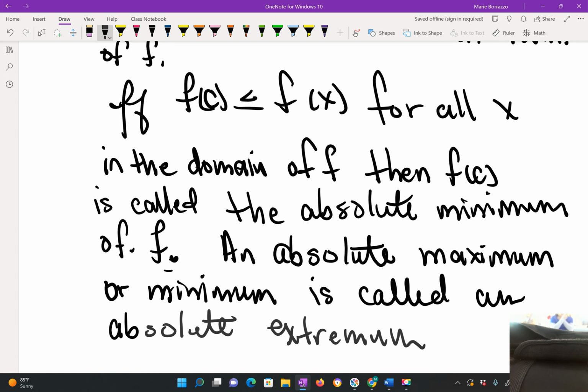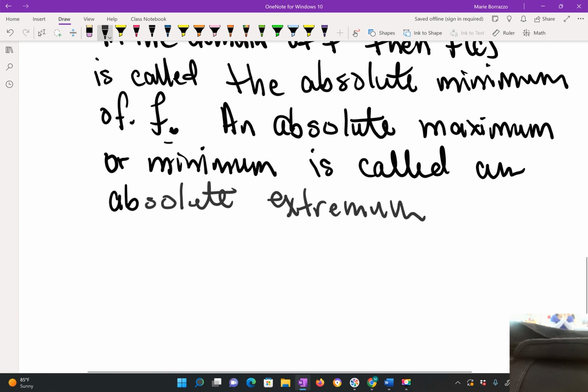Let's look at some figures. Let's go with that. One of the examples that they give us is they're looking at a particular function.